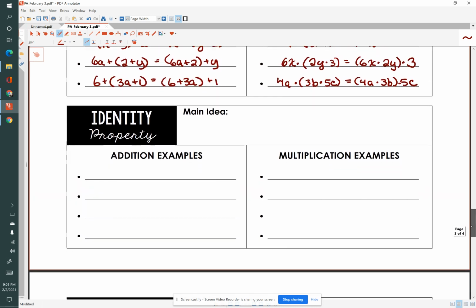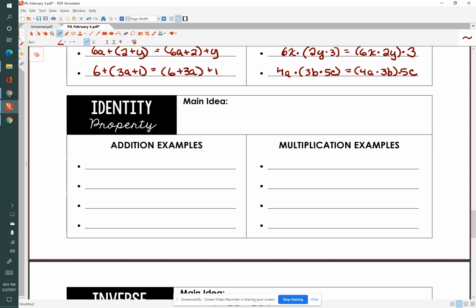Now, moving on, we have the identity property. The identity property allows us to keep the value of the number.